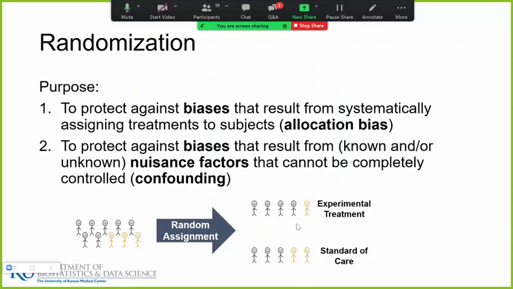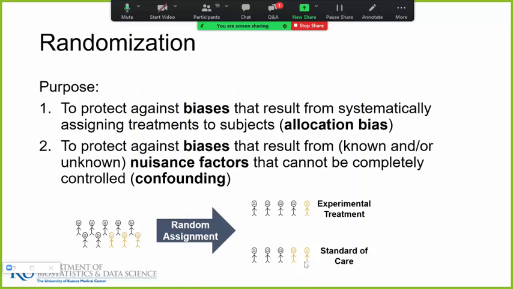So then if the experimental treatment has an effect, I can tie the differences in their outcomes back to the treatment, not to the mutation. So this is protecting us against specific biases called allocation bias, nuisance factors like confounders, those kinds of things.